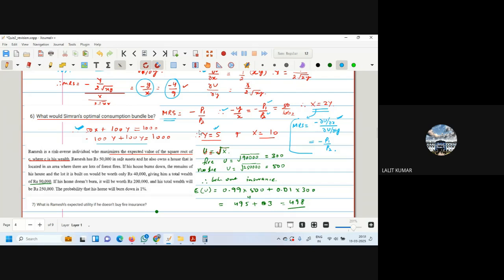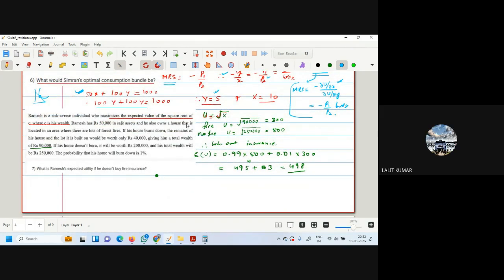This P1 by P2 is the slope of the budget line. So it is the place where they are meeting. It is your budget line, and this is your utility. Where they meet, that is the slope.